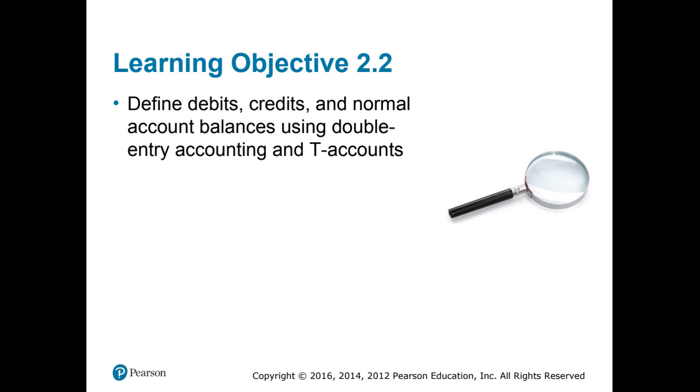So if we move to the right, this will increase, and the right is the credit, right? The right side of your T account is the credit side. So cash increases with a debit. Liabilities increase with a credit.